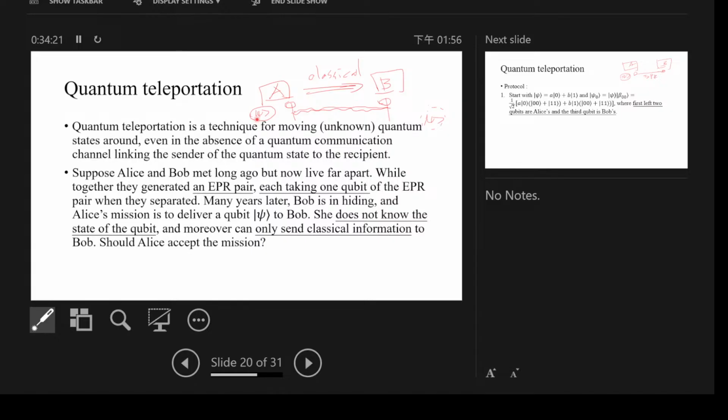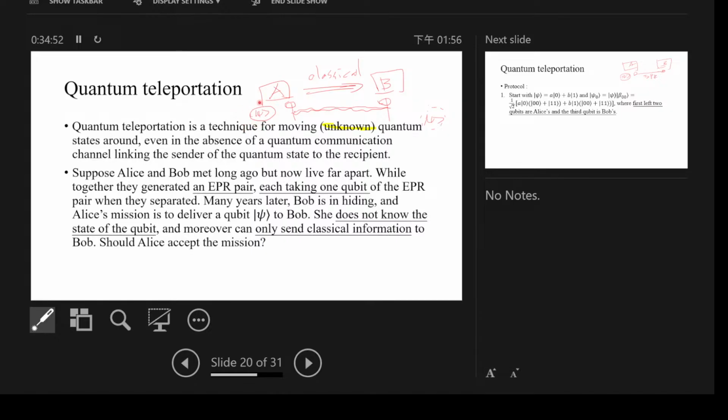The important part is that the state is unknown. If Alice knows the state, then she can just send a classical description to Bob, and Bob can create the state. But from our discussion of unknown quantum states, we know this is tricky because Alice only gets one copy of this unknown state, so she cannot really know what it is.